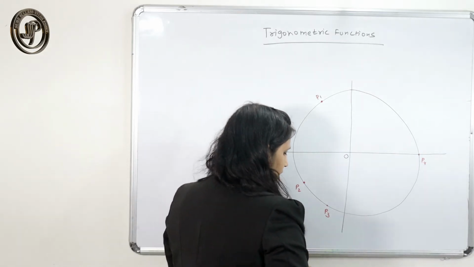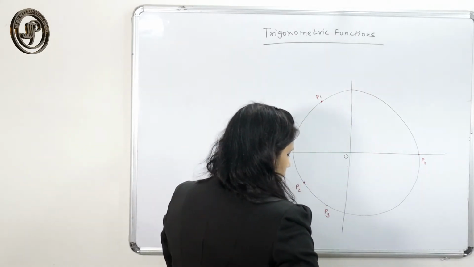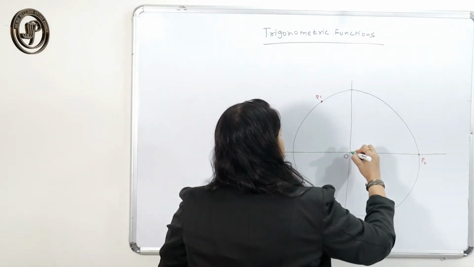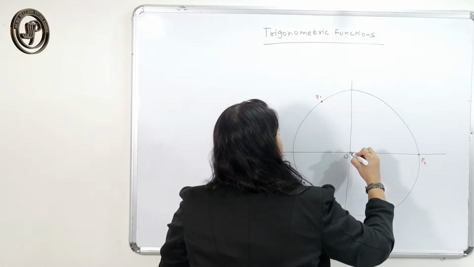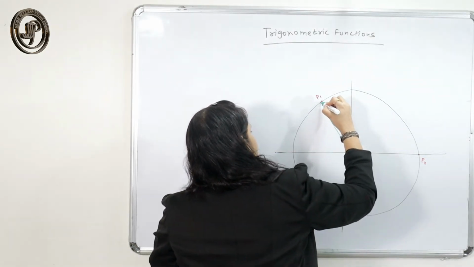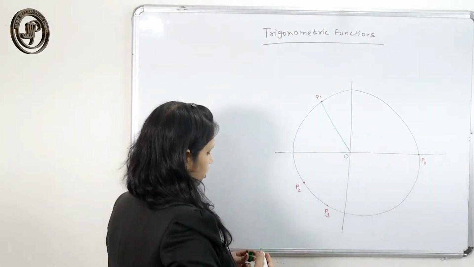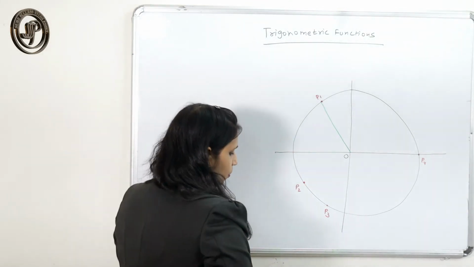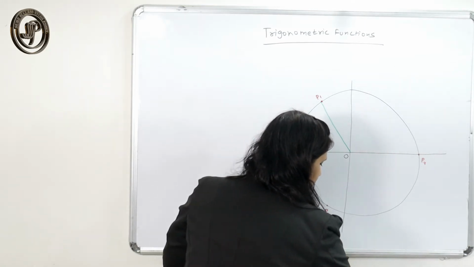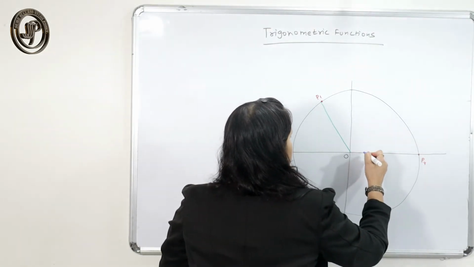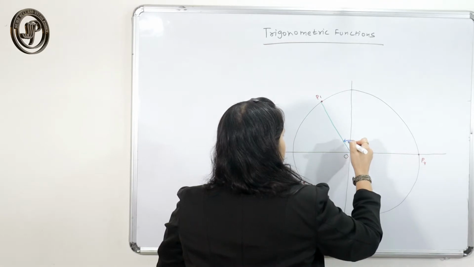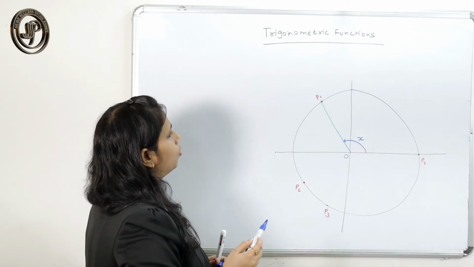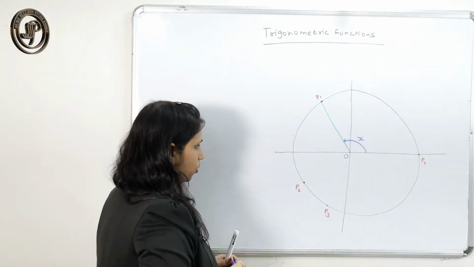To write the coordinates, first I have to describe the angle which P1, P2, P3 and P4 make, or how they are interrelated. Suppose the angle described here is x, so the angle P4 OP1 is x.